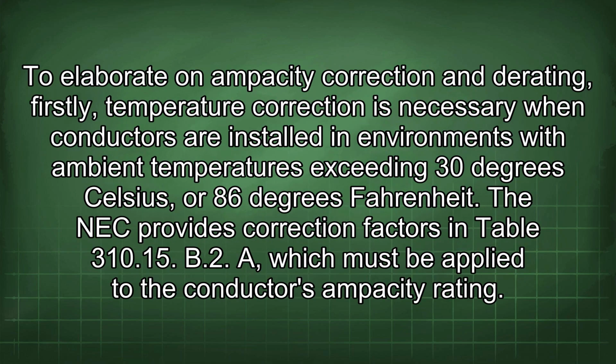To elaborate on ampacity correction and derating, firstly, temperature correction is necessary when conductors are installed in environments with ambient temperatures exceeding 30 degrees Celsius or 86 degrees Fahrenheit. The NEC provides correction factors in Table 310.15(B)(2)(a), which must be applied to the conductor's ampacity rating.